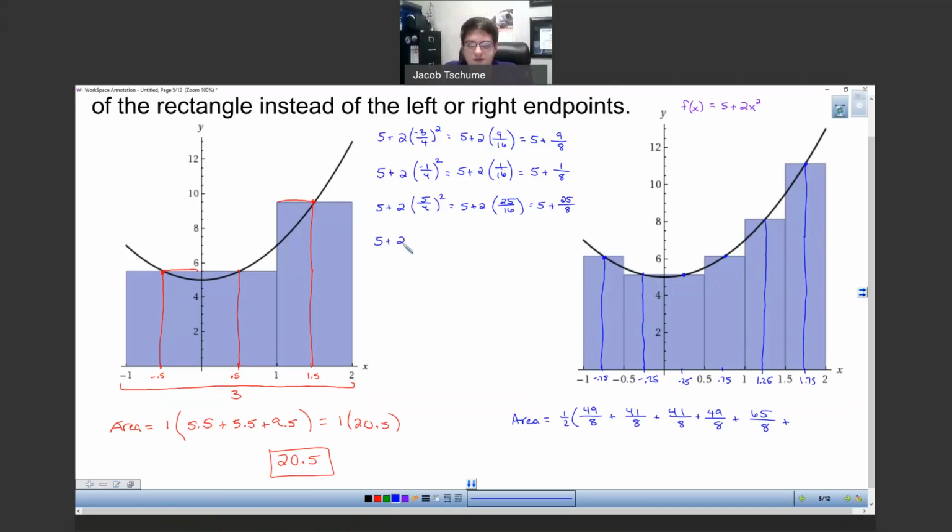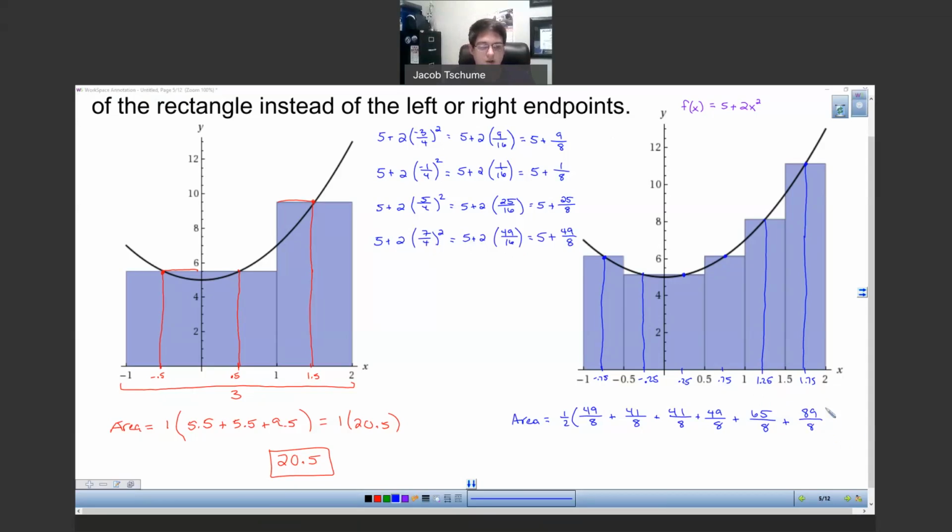So 5 plus 2 times 1.75, which would be 7/4 squared, which is 5 plus 2 times 49 over 16, which is equal to 5 plus 49 over 8. When we add those together, this is going to give us 89 over 8.